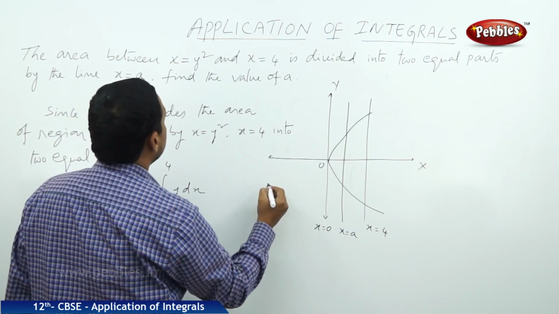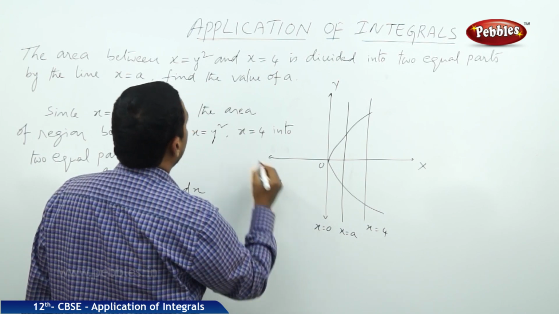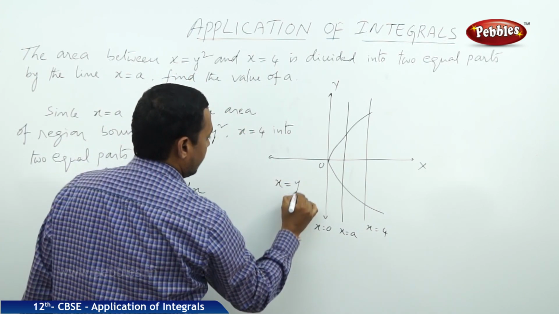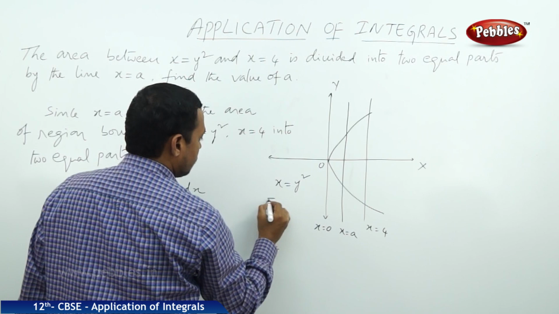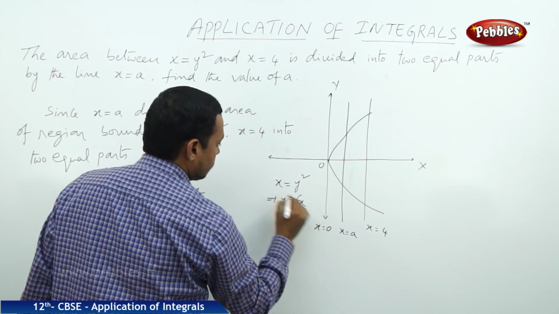But here the curve is given that x is equal to y square. From this, y is equal to root x.